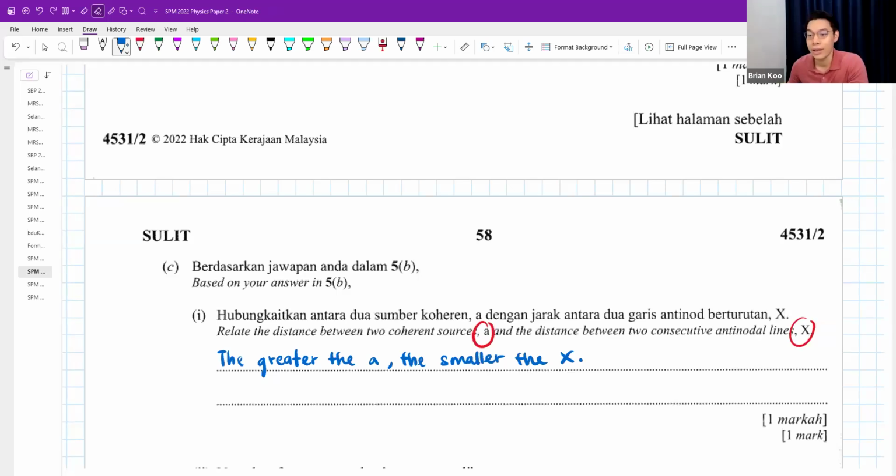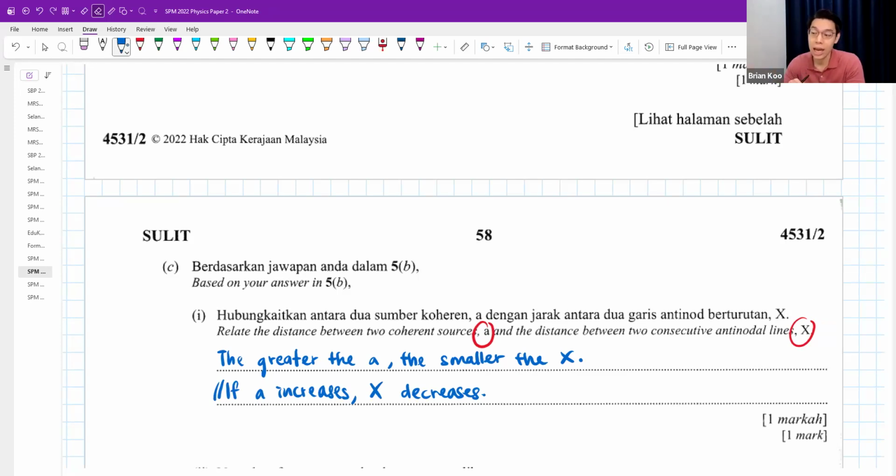Or you want to write, if A increases, X decreases, also can. If you're very confident, you want to say that they are inversely proportional, also correct.